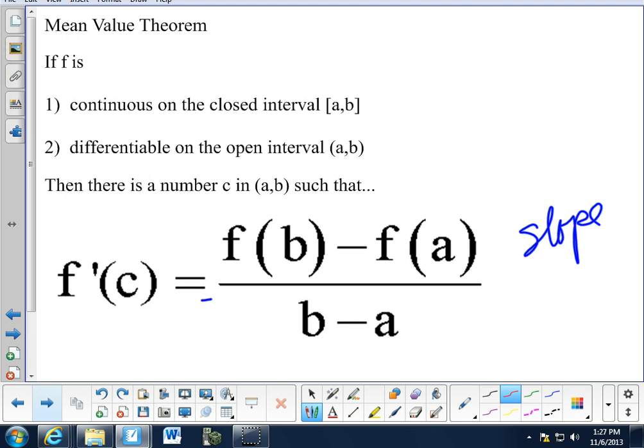Tuck that in the back of your head, what I just said, because I'm going to pull that up in a second. What is f of b minus f of a over b minus a? y2 minus y1 over x2 minus x1. Slope.